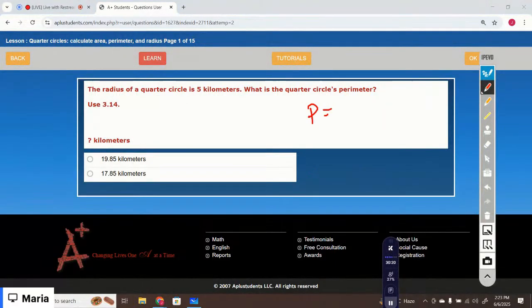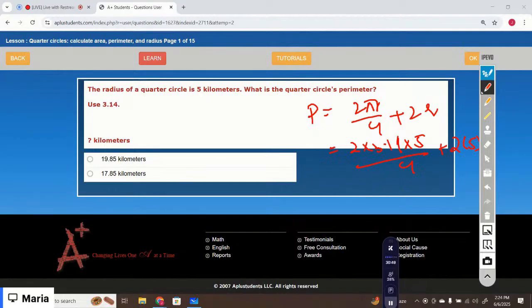That is P equals 2 pi r divided by 4 plus 2r. So let's just put the values, that is 2 times 3.14 by 4, plus 2 times r, that is 5.